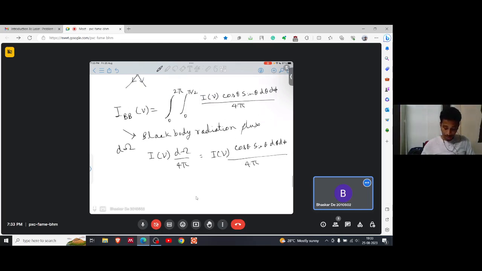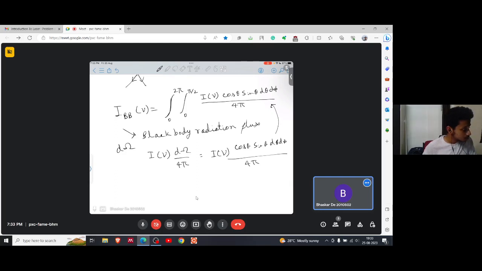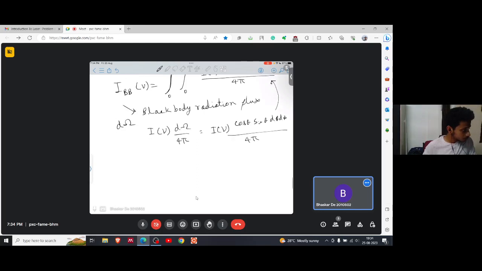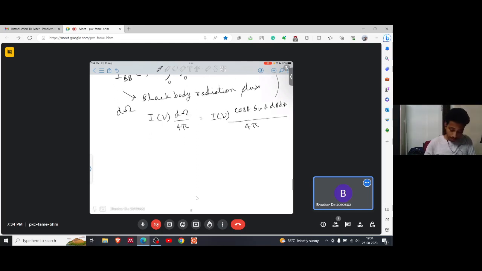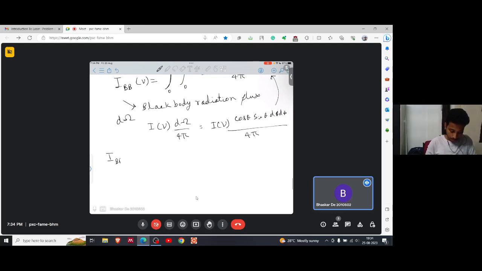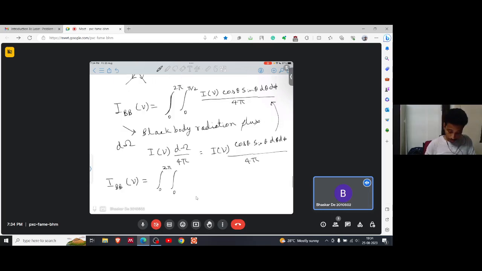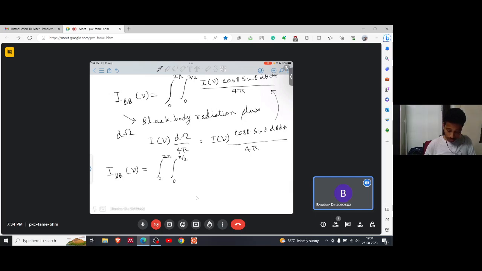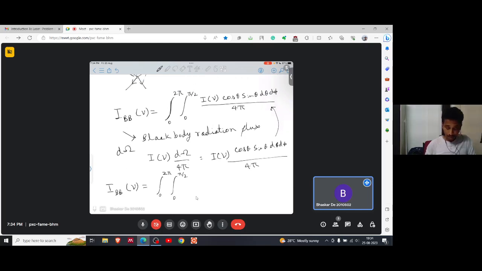So this is written here. So now this is the total radiation flux. Now if we complete the calculation, I BB nu equal to 0 to 2 pi, 0 to pi by 2. So this 2 pi and pi by 2 are the limits of theta and phi.